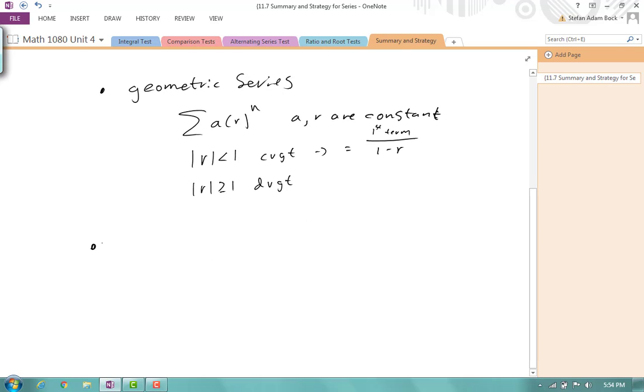But you might be able to immediately recognize some other types of series, such as telescoping. I will have a series in which the terms are eventually self-canceling.